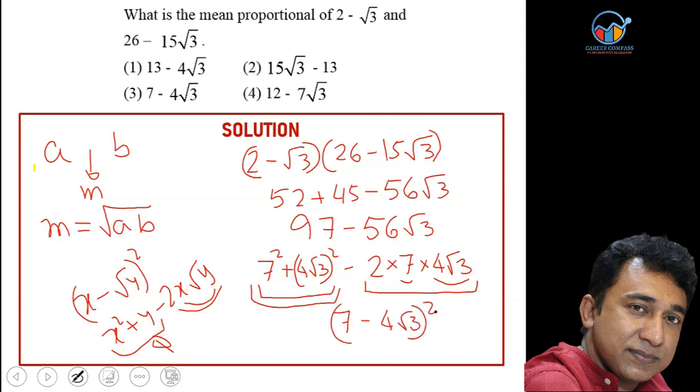Now this is AB, A into B, that is. So we need to find the square root of this. Hence your answer will be option 3. Very good, Atoshi. And Abhishek, Shubhajit, all of you. Very good, guys. So your answer will be definitely 7 minus 4 root 3. All right. So let me now move on to the next one.